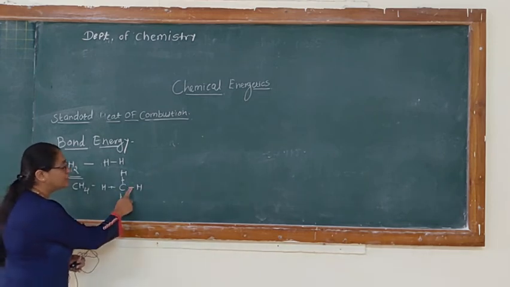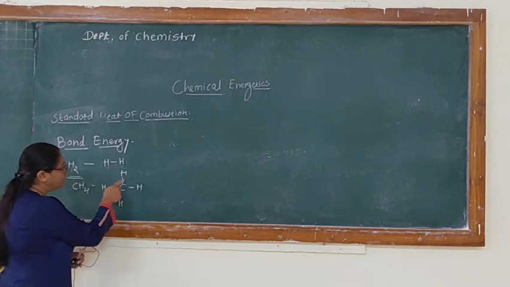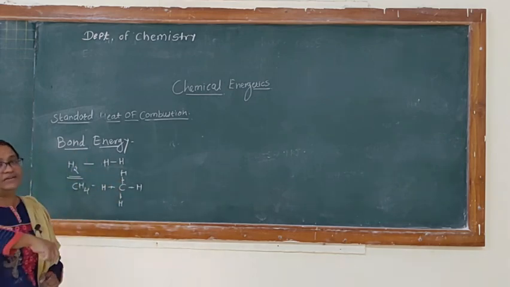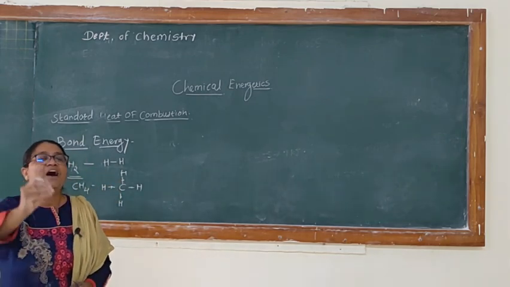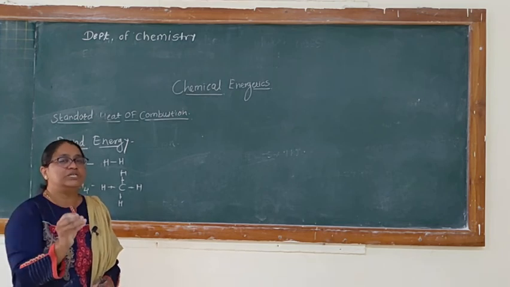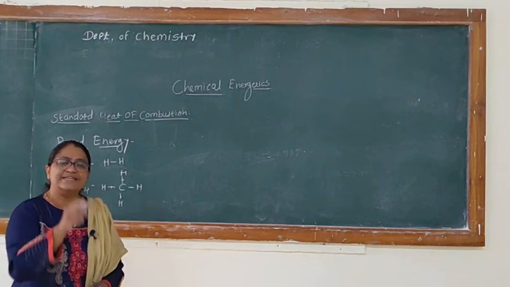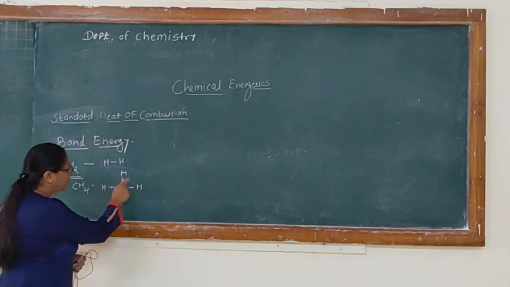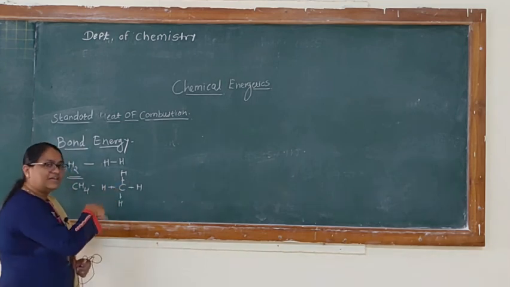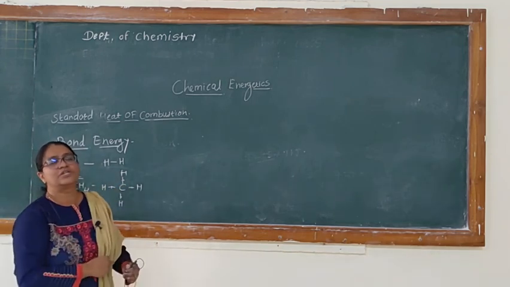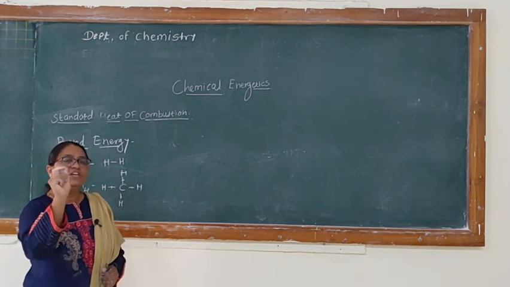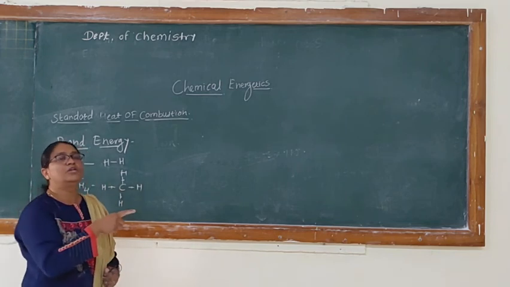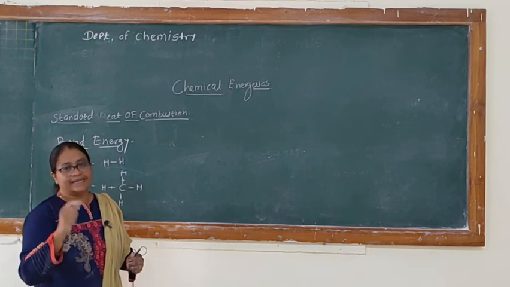The bond energy for this bond, this bond, this bond, and this bond, they are all different. Therefore, the average of energy for all the bonds is taken as the bond energy. For every bond, a different bond dissociation energy is required. So, to define the bond energy for the molecule, the average of it is taken.